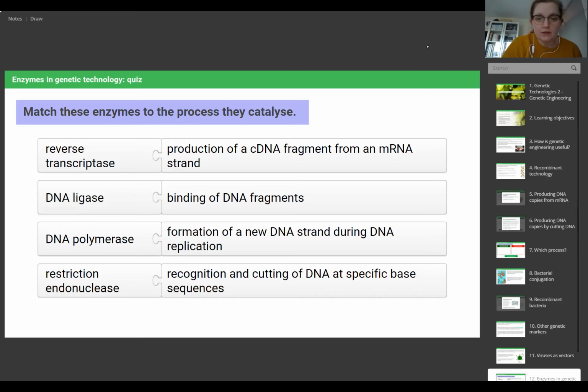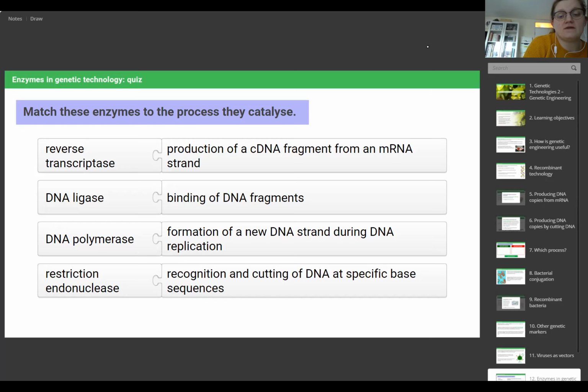So primer A3, the reason that this happens is because each primer has its own specific base sequence, and that is complementary.